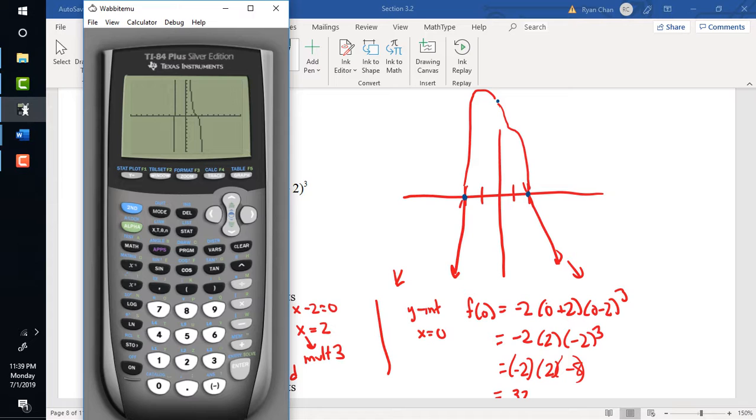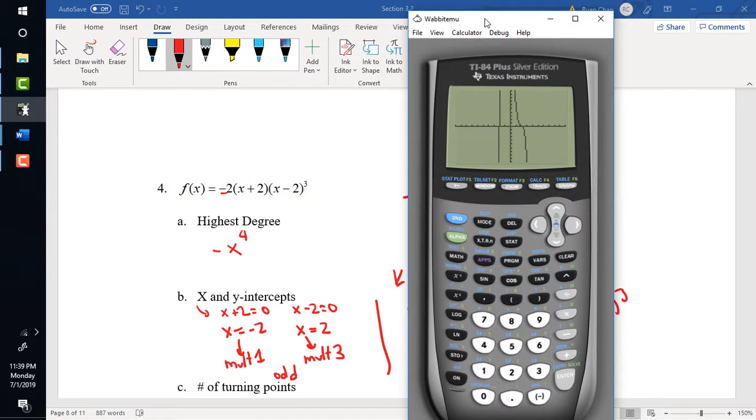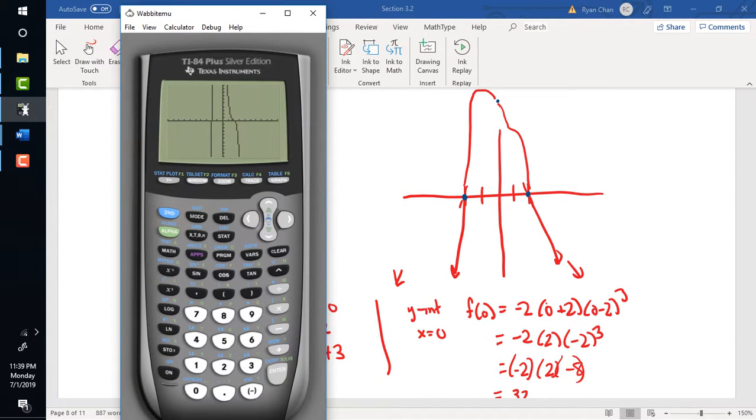Actually, this is a good thing to discuss. How do I know what I was graphing was not correct, other than the fact that I may have done this before? If you notice the one that I was graphing, my ends were going up to the left, but then down to the right, which doesn't make sense because if we look back to our problem, it's x to the 4th, and that's even. This is a more accurate graph because they're both going down and it's negative, and that makes sense here.